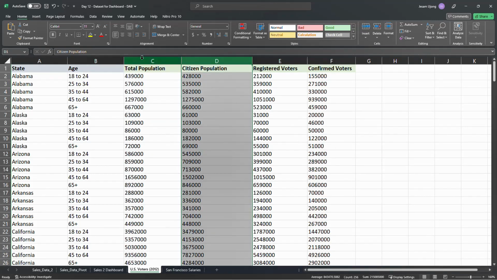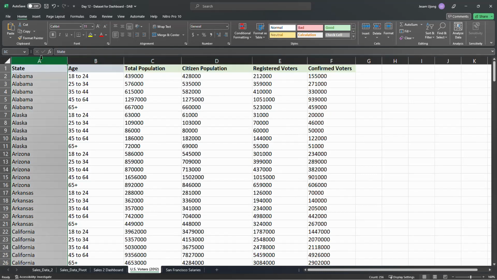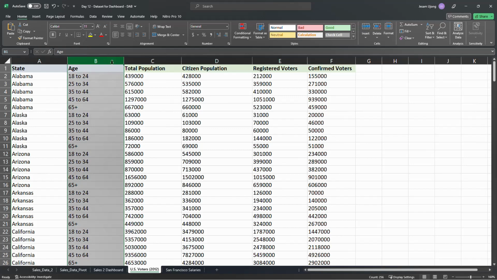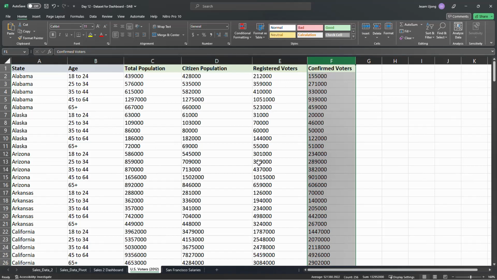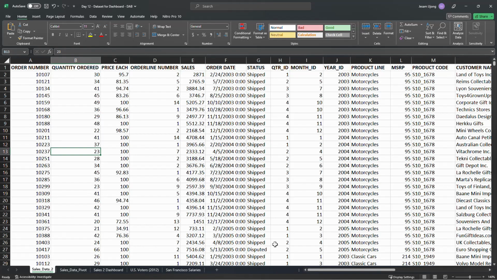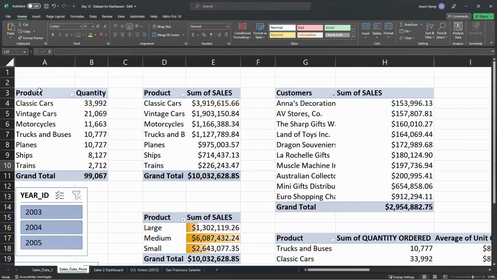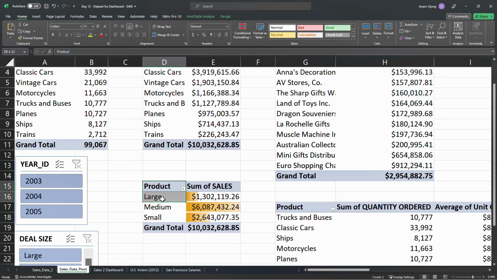So for this, the dimensions we have, for example, are states and age, and then for the measures, we have all those that have values and calculations. If we go to our other sales data, let's look at the pivots, where we have products. Product is like a dimension. Customer is like a dimension.